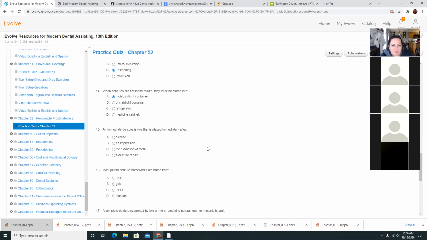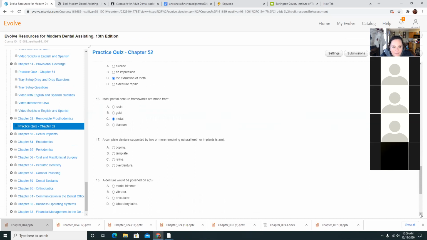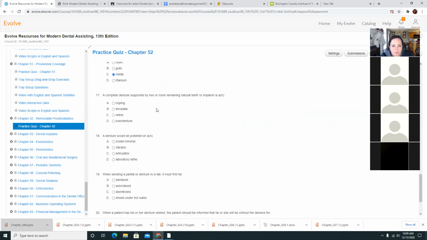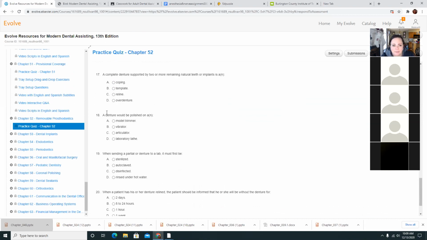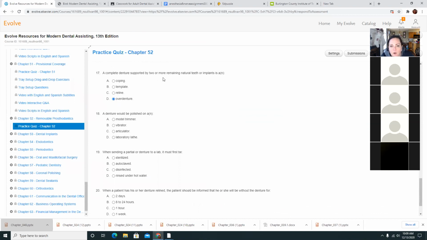An immediate denture is one that is placed immediately after extraction of teeth. Most partial denture frameworks are made from C? A complete denture supported by 2 or more remaining natural teeth or implants is an overdenture. All right, because it goes over your natural teeth or your implants.